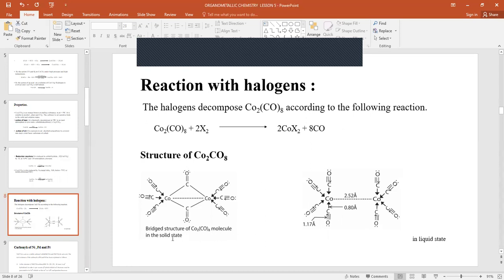In the solid state, the dicobalt octacarbonyl exists as a bridged compound. We have two bridges and 6 terminal carbonyls. And in the liquid state, it exists only as a non-bridged structure with only terminal carbonyls.